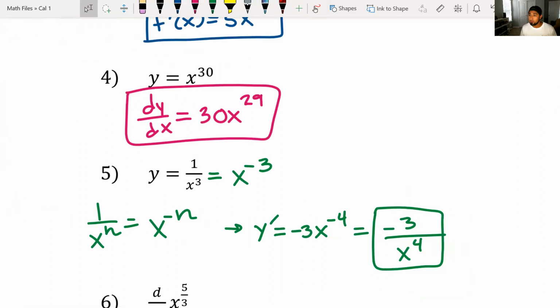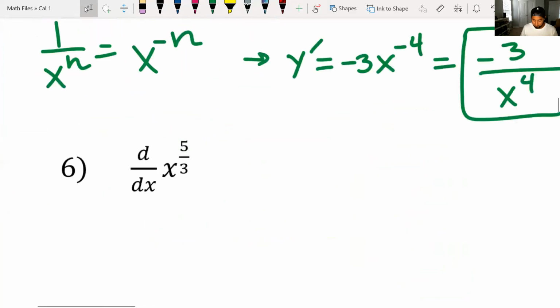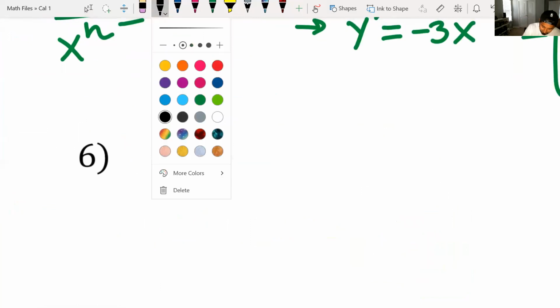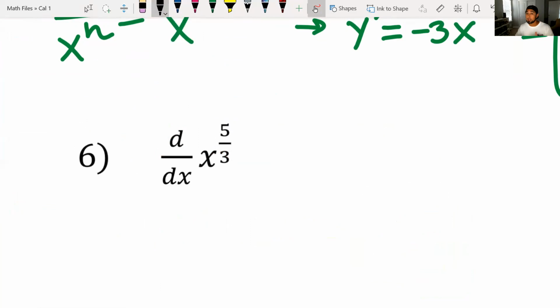Okay, let's keep moving. I told you, life is great now, right? All right, 6 says d over dx of x to the 5/3. This notation just says take the derivative of x with respect to x. Okay, so same rule, power rule. You'll get 5/3 x. And since it's a fraction, maybe we'll go through this really quick.